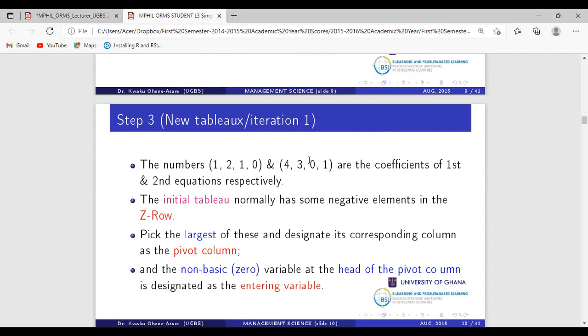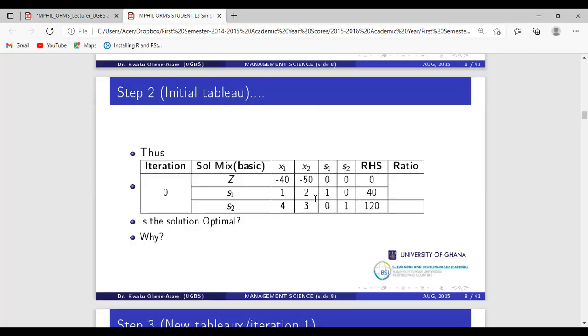So it is iteration 1, iteration 2. Sometimes you go to iteration 3 before you find your solution. Sometimes at iteration 2 you can find your solution. And like I said, one of the things that will let you know that this is your solution is when the Z value row has non-negative values.